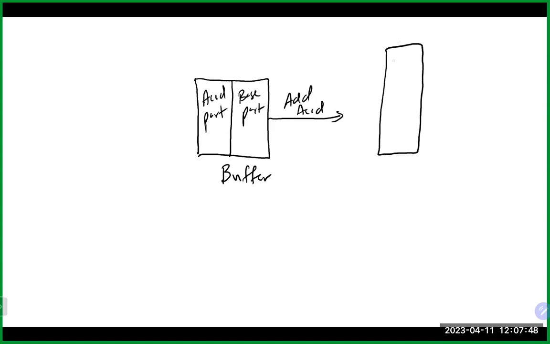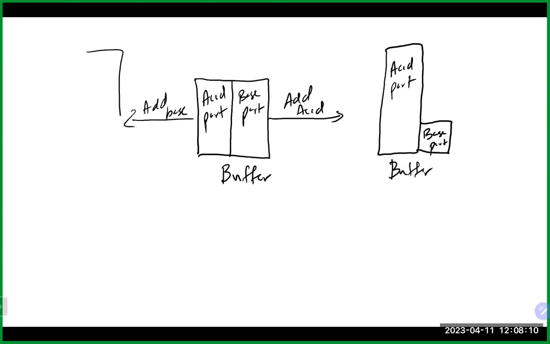So dramatically drawn here, we will make more of the acid part, but we'll use up some of the base part. Not drawn to scale in this case, if this is still our buffer. And if we add some base, we will use up the acid part of the buffer, but we will make more of the base part of the buffer.